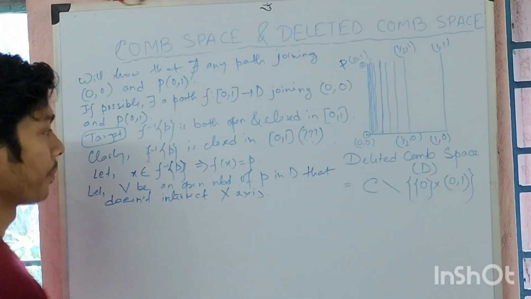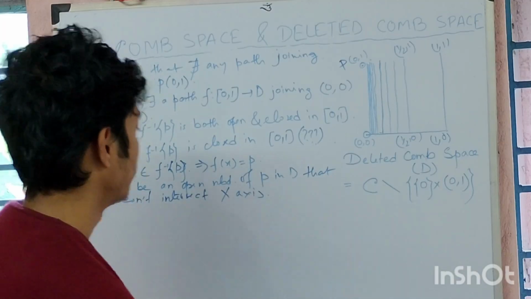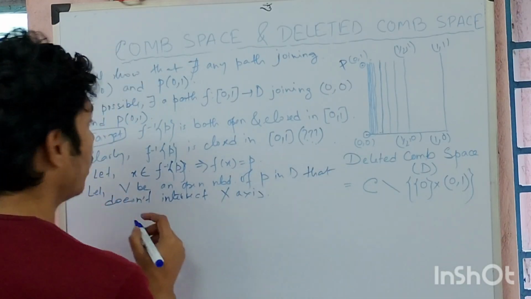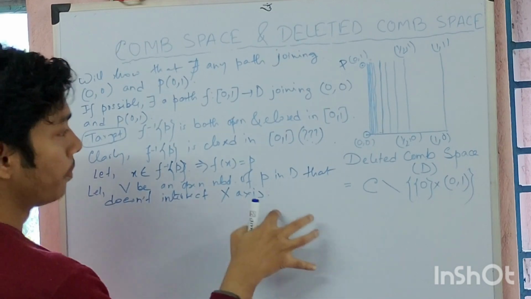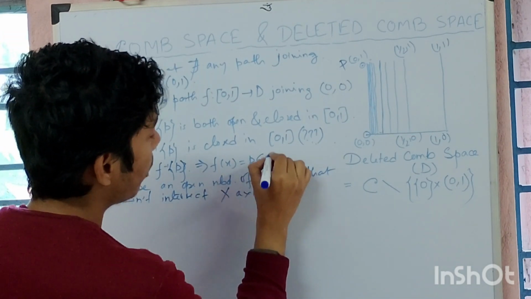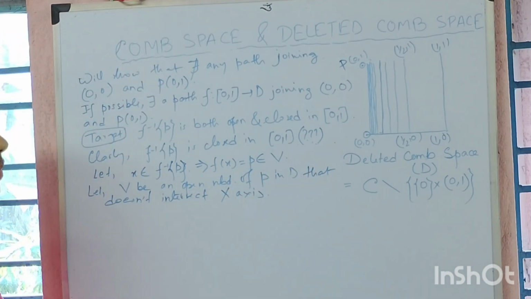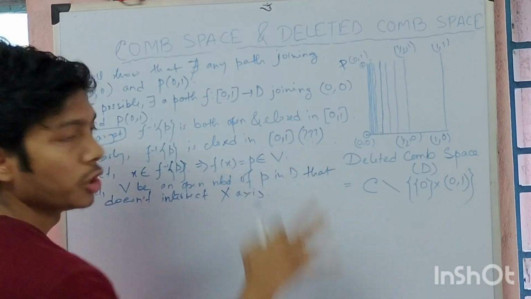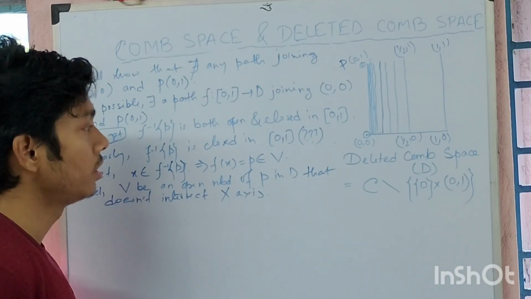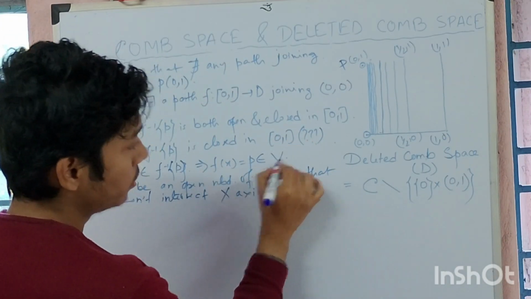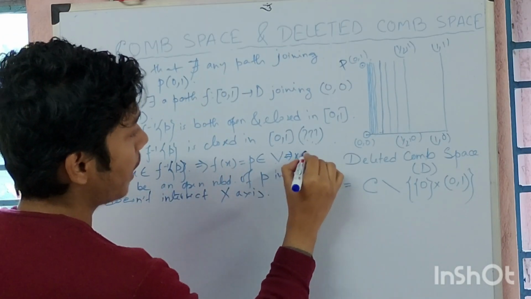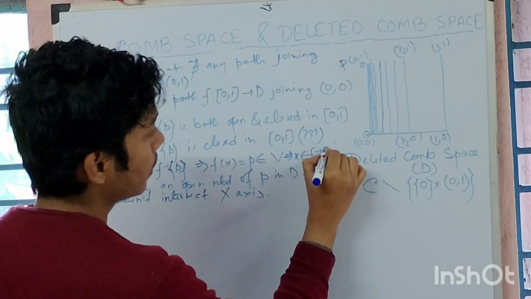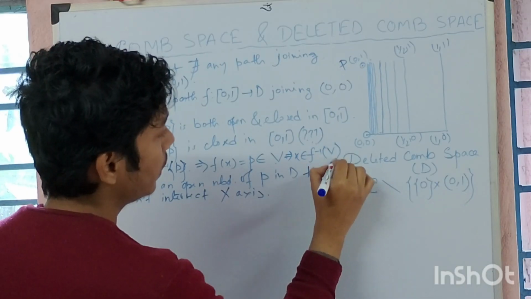Fine. Then F x, this V is a neighborhood of P. So this P should belong to V because V is a neighborhood. So if Fx belongs to V, what does it imply? It implies x belongs to F inverse of V, correct?